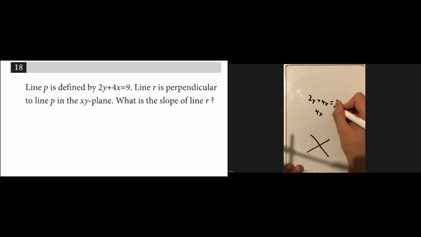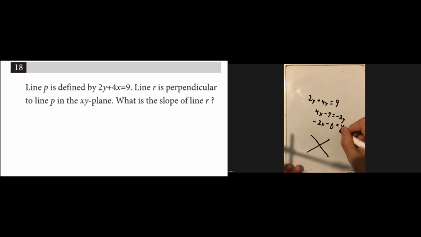So it would just be 4x, and then we subtract 9 from both sides, minus 9 equals, and then we subtract 2y from both sides equals negative 2y. And then we divide the entire equation by negative 2, which would get us negative 2x minus a number, because it doesn't really matter because we're just looking for the slope, equals y.